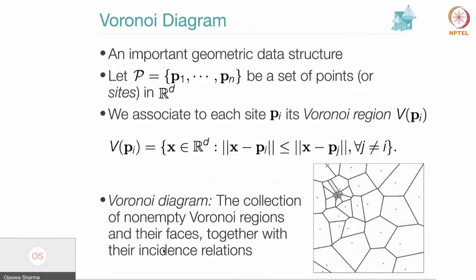Given a set of sites, a set of points in R^d space, we associate to each site Pi its Voronoi region, V(Pi), and the definition of the Voronoi region of Pi is that any point in the plane that belongs to the Voronoi region is closer to Pi than it is to any other point. So maybe it's best to describe that with an illustration.